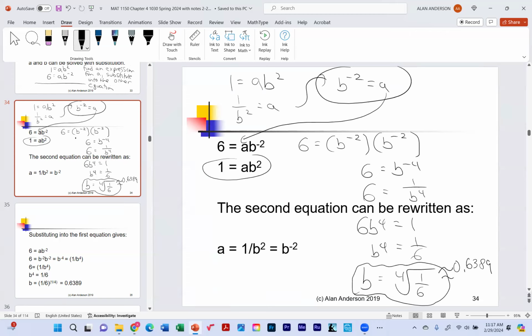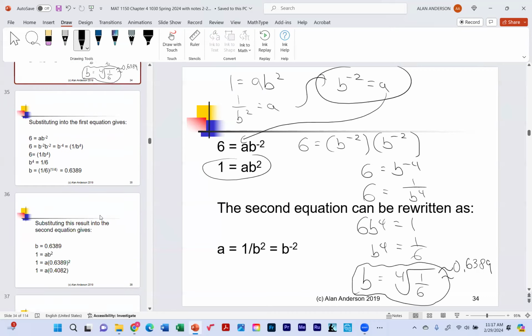Now, I can plug this back in, and in principle, it could go back into either equation, and I'll get my solution for A. So let's put this into here, only because it looks like it's a little simpler. You could pick either one. And if you do that, what do you have?